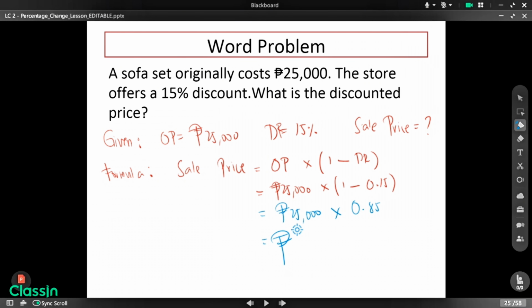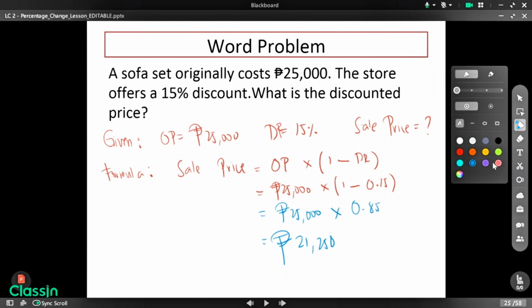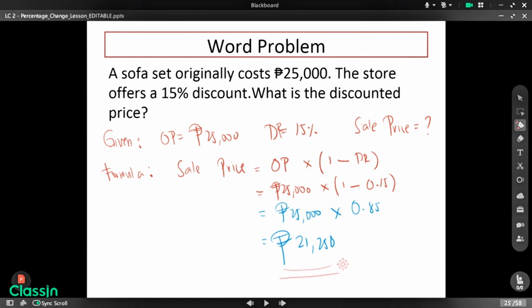And what is the answer? The answer is 21,250. So from 25,000, the sofa now will be 21,250 pesos.